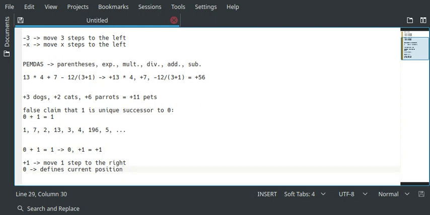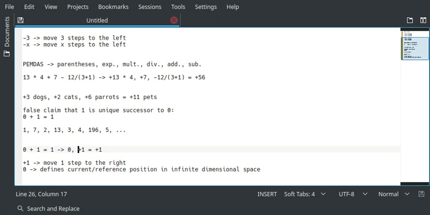So what is actually happening here? Well, there's a little more to this. It defines your current position, or your reference position, in an infinite dimensional space.